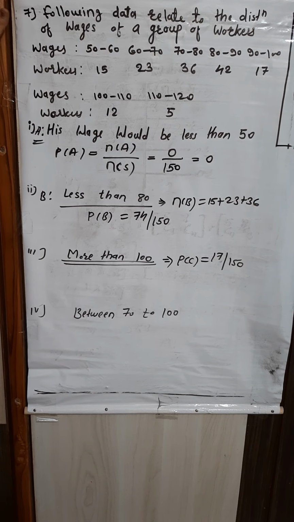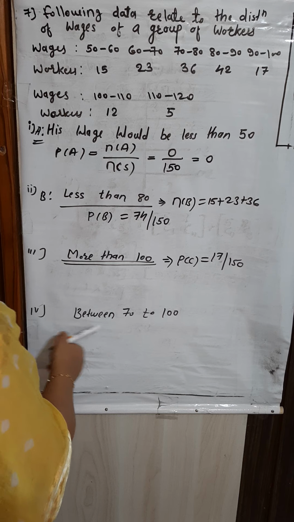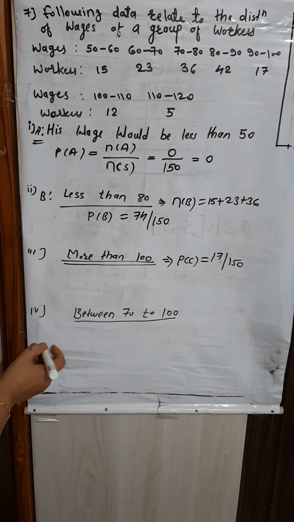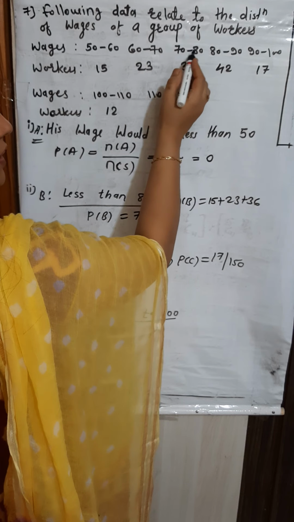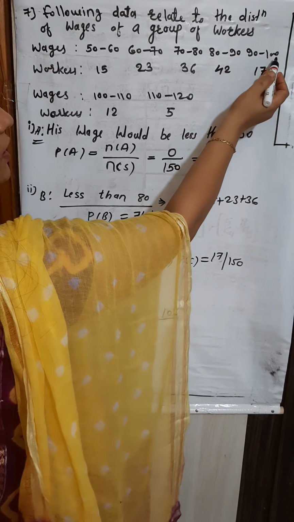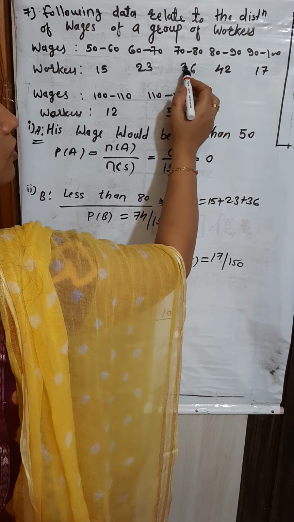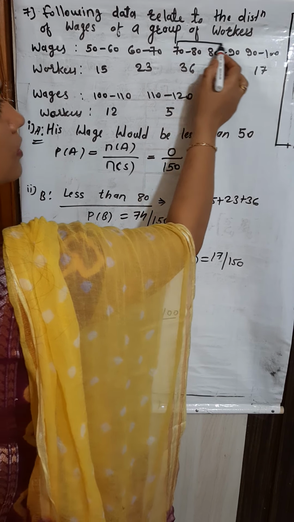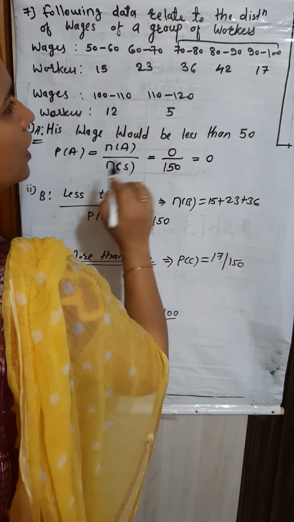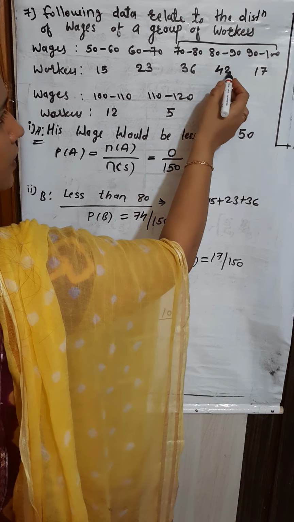And the last one is what? Between 70 to 100. Between 70 to 100 means starting from here, these are those having salary from 70 to 80, and these are having salary from 90 to 100. So all these are in between 70 to 100. See, from here to here, 70 to 100. How many workers are these?